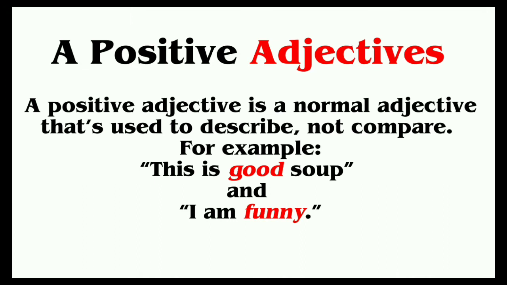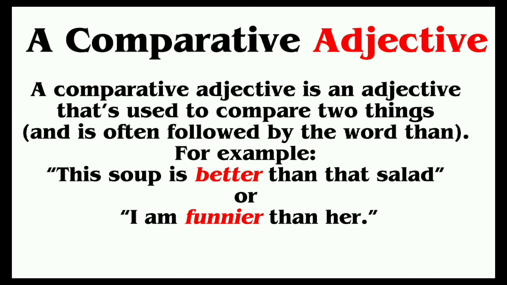For example, "This is a good soup," and "I am funny." A comparative adjective is an adjective that's used to compare two things and is often followed by the word than. For example, "This soup is better than that salad," or "I am funnier than her."